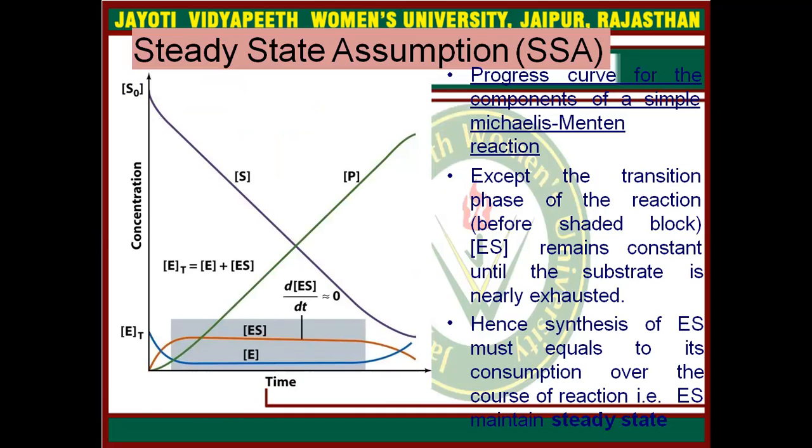In the progress curve of the components of a simple Michaelis-Menten reaction, except for the transition phase of the reaction before the shaded block, ES remains constant until the substrate is nearly exhausted. Hence, synthesis of ES must equal its consumption over the course of the reaction; that is, ES maintains a steady state.